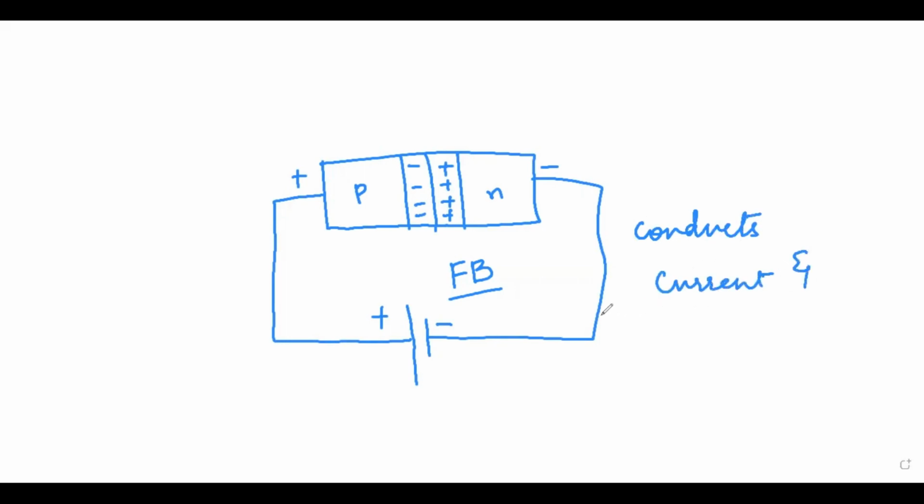And reverse bias means negative is connected to positive and positive is connected to negative. Then the diode is said to be reverse biased. In reverse bias, the diode does not conduct.